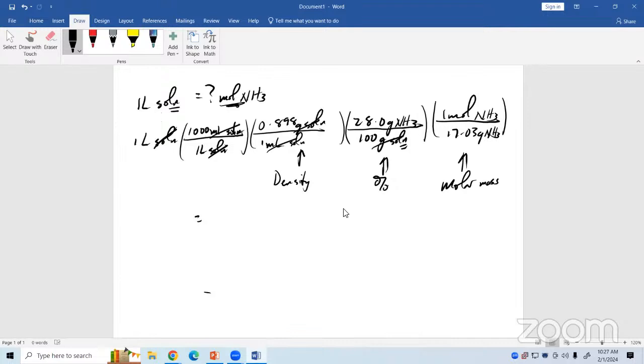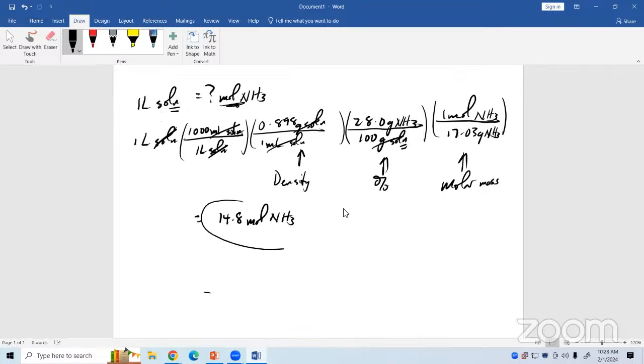So 1,000 times 0.898 times 28 divided by 100 divided by 17.03. And let's see what that gives. According to my calculation, this gives 14.8 moles of ammonia, right?